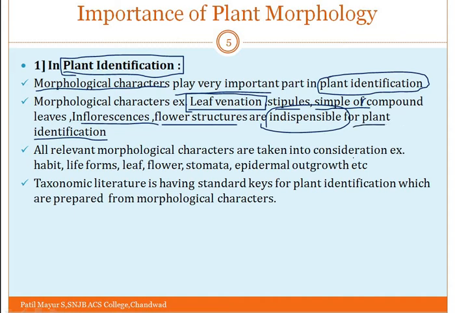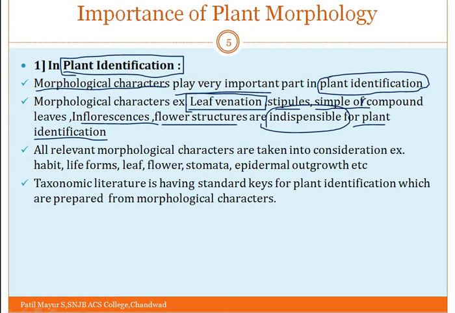Obligatory for plant identification means leaf venation is taken into consideration, stipules whether present or absent, the type of leaves whether simple or compound, and which type of inflorescence is there. All these characters are taken into consideration for plant identification.